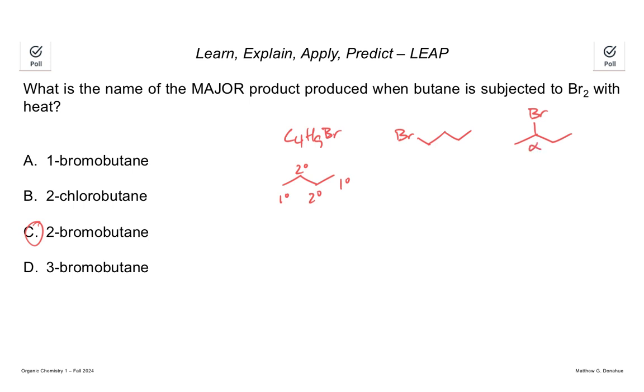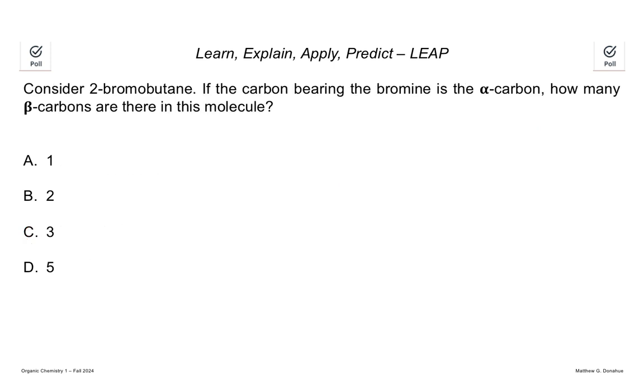And we'll call that now the alpha carbon. If that is the alpha carbon as our starting point, or goalpost, how many beta carbons are there? You have to follow, branch off the chain. If this is alpha, that would be beta, and then that would be beta.